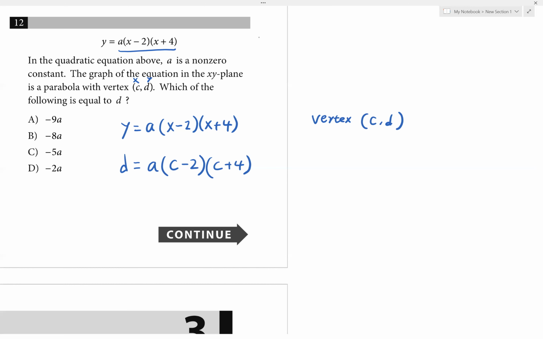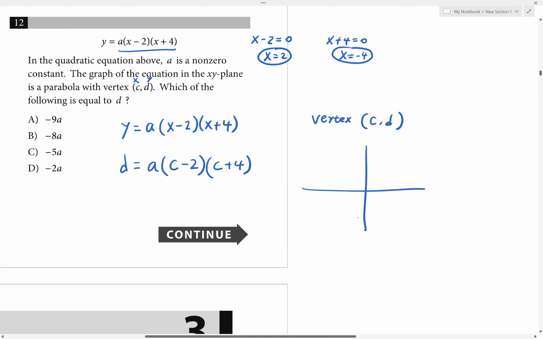So let's solve for it first. Take x minus 2, set it equal to 0, we get x equal to 2, so that's a zero. The other one, x plus 4 equals 0, we get x equal to -4, that's another zero. If we graph it, these numbers are the x-intercepts, where the parabola crosses the x-axis.